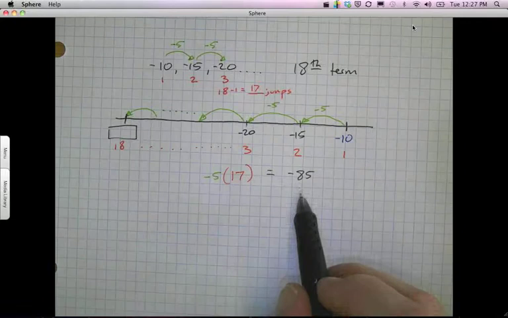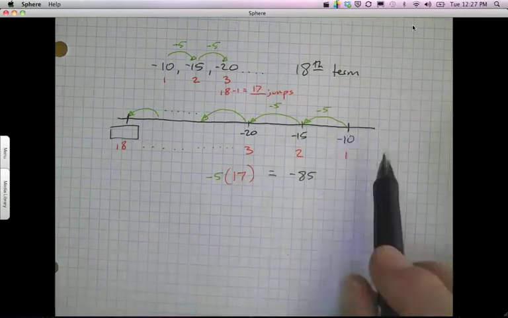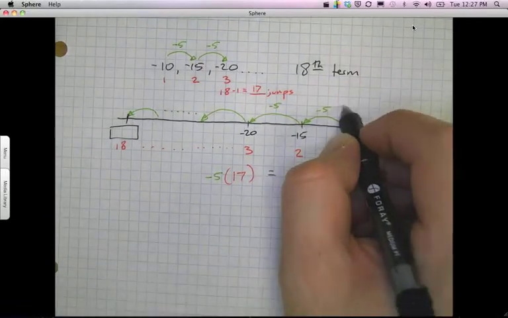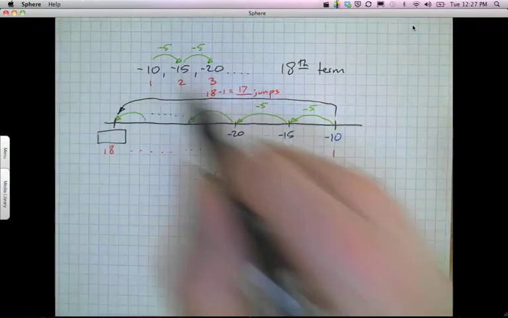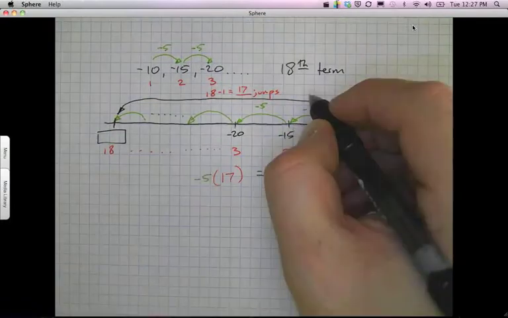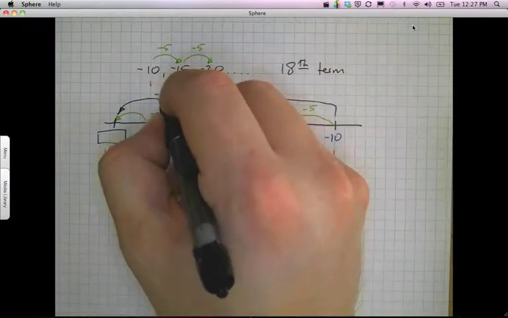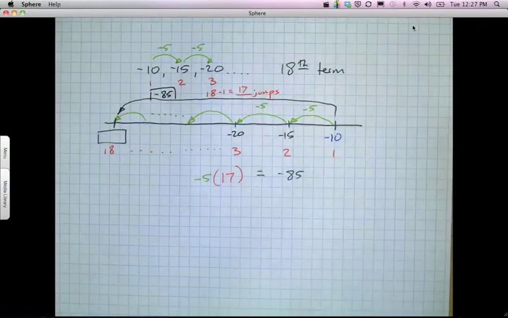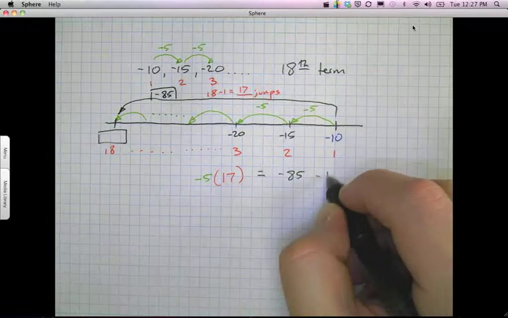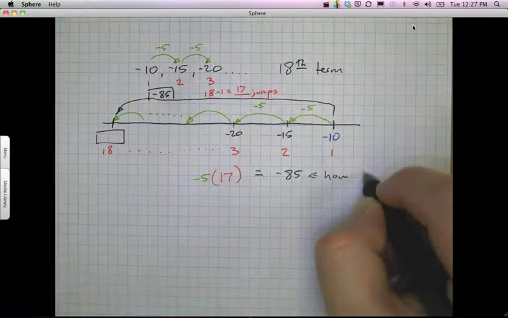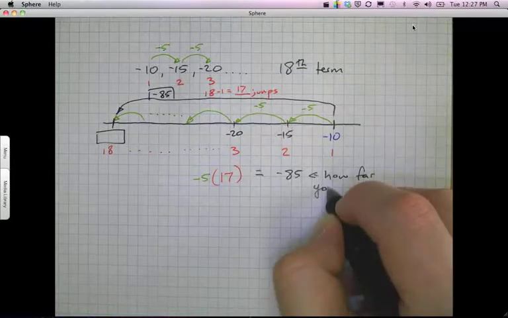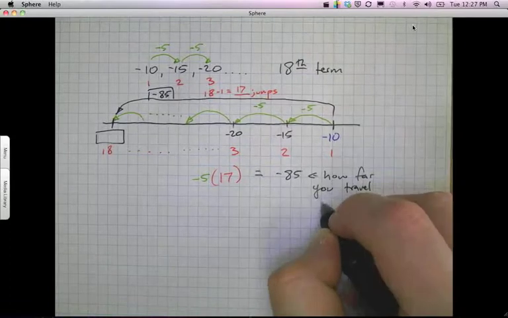So, after you drop down a total of 85 from -10, that will end up putting you at your final term. So this is how far you travel from your first term.